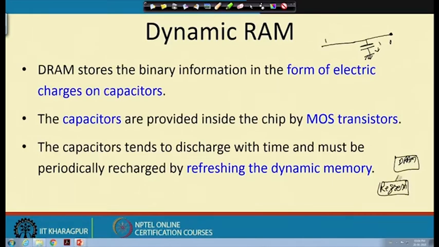What this refreshing circuit does is that it reads the content of individual locations and writes the same value there. Since it is written periodically, the capacitors will get recharged and the value will be restored to the original one. So, this is the idea of dynamic RAM.